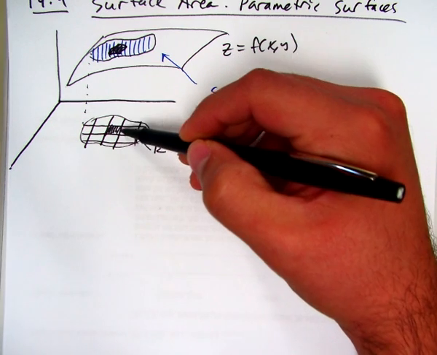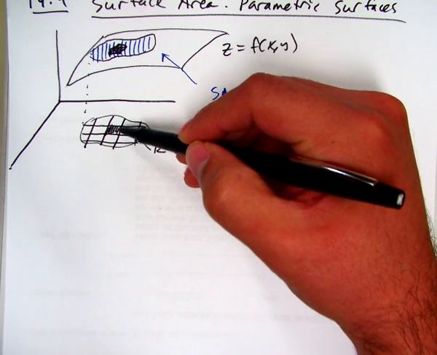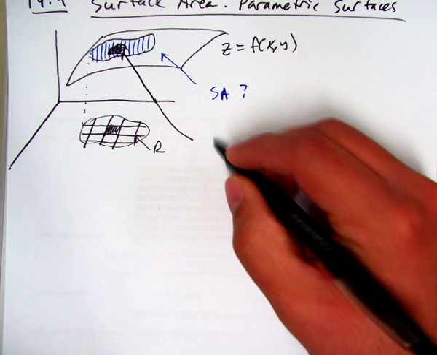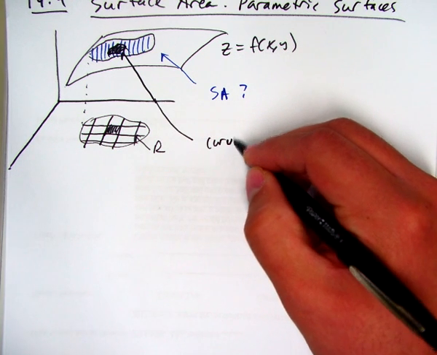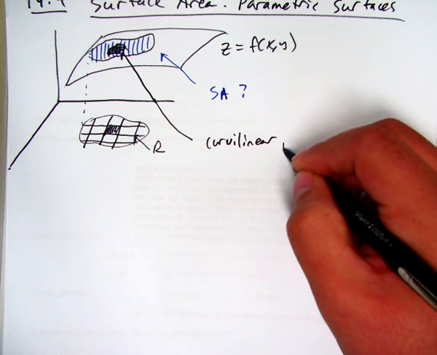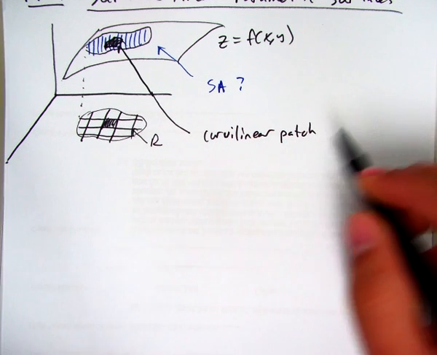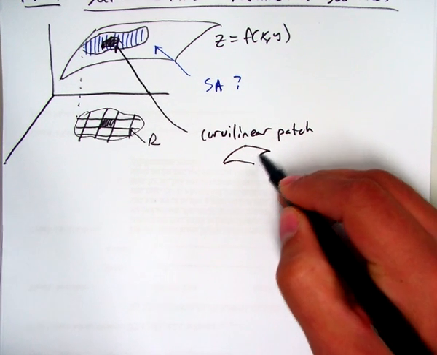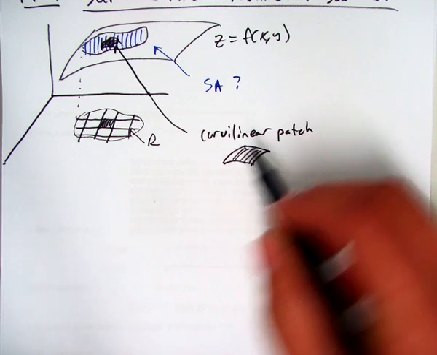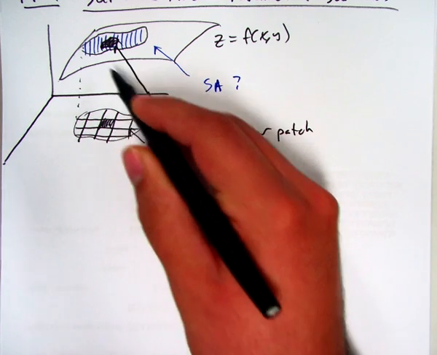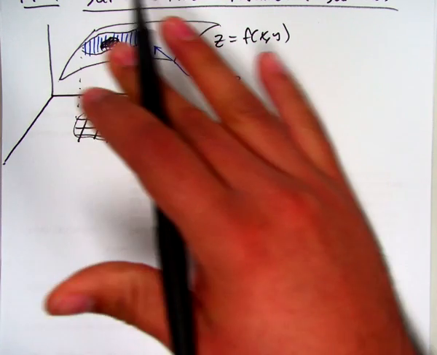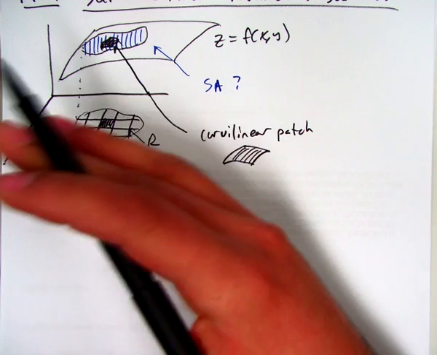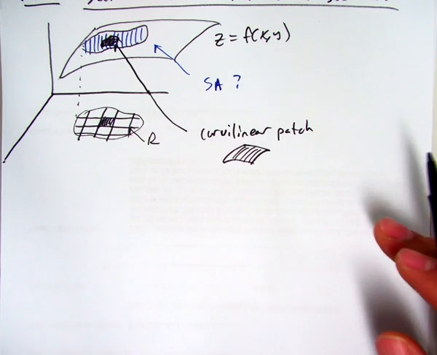So this little section in the region R maps to this little patch, which we're going to call a curvilinear patch, which, if I drew again, it's not going to be a rectangle. I mean, here in the xy plane it's a rectangle, but depending on the shape of the surface, this may be a rectangle, it may be curved. There are a lot of different options for it.